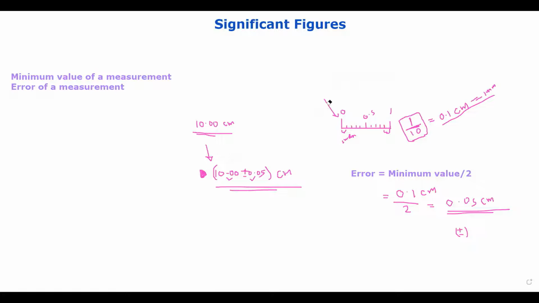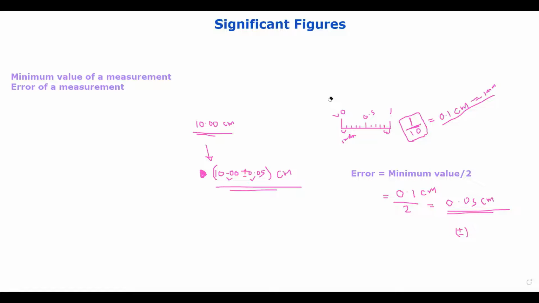So one thing you have to remember, this error calculation, minimum value divided by 2, is applicable for general analog instruments like a ruler or our normal measuring devices in the laboratory, like a burette.